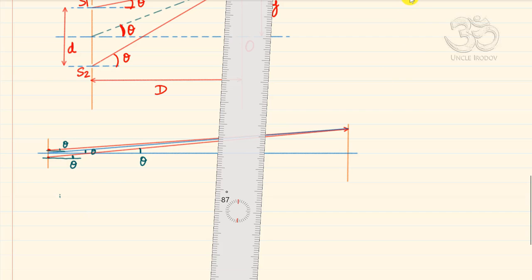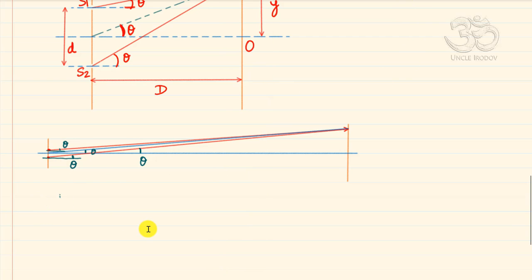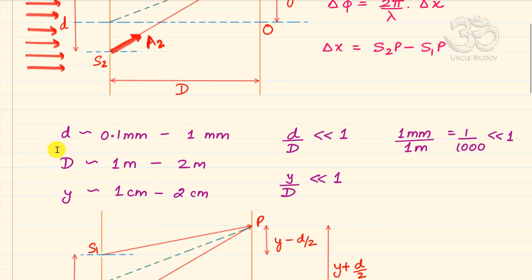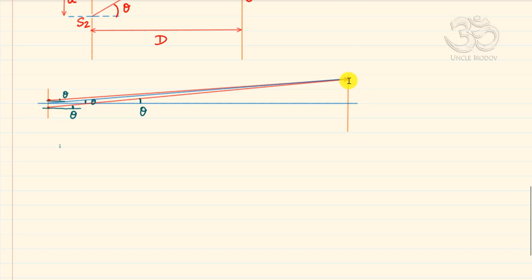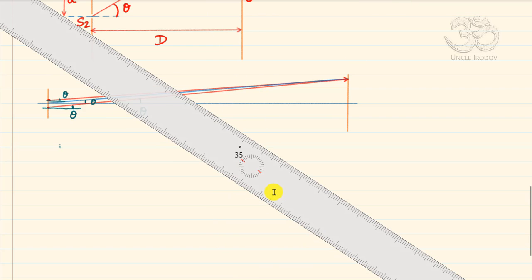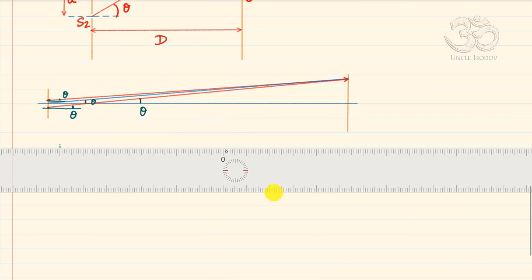And once I take these guys 1 mm apart, I need to take my screen at least 1 meter away. So the other line which I have to draw, this orange line, should be not really here, because this is a very small distance. In fact, let me show you the extent of my screen. So you see how big is my screen, starting from the two green dots which I have, you know, 1 2 3 4 5 6 7 8 9 10 11 12 13 14 15 16 17 18 19 20 centimeters.